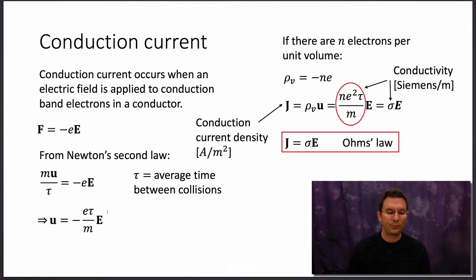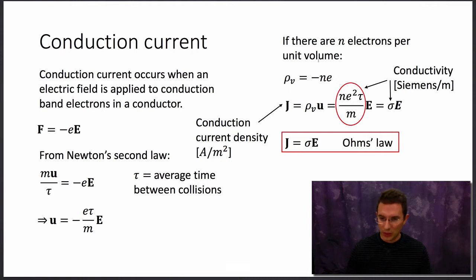Okay. Well, let's say that we have a number density n electrons per unit volume in our conducting material. So we've got n electrons per unit volume in our conductor. Okay.